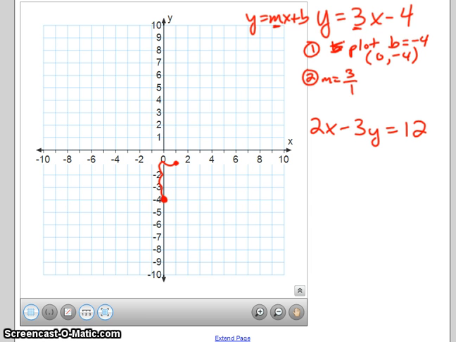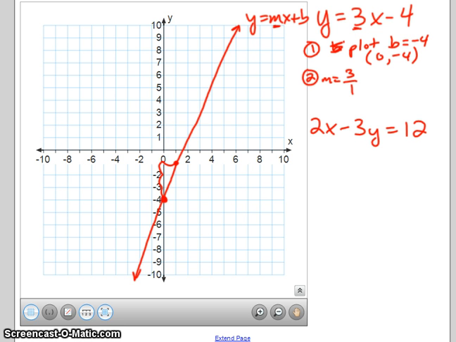Once we have our 2 points, we can draw a line through them. I'm going to try to make this line as accurate as possible. You might need to use a straight edge. It is very important with this section to graph your lines as straight as possible.